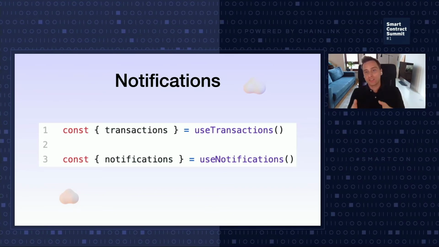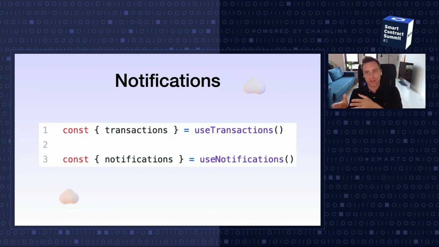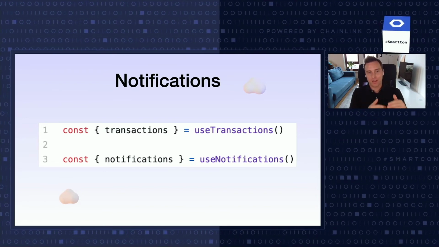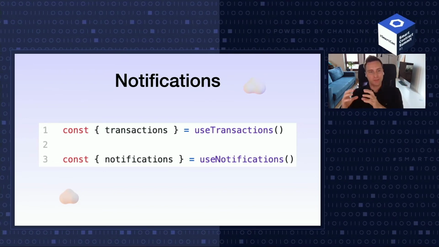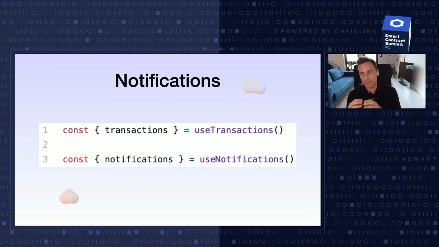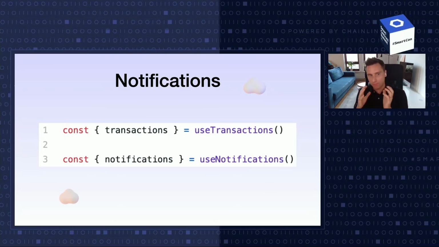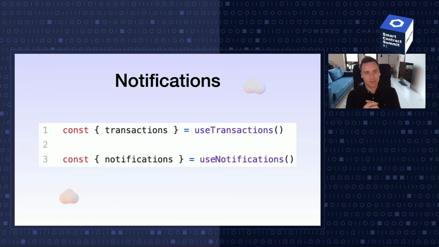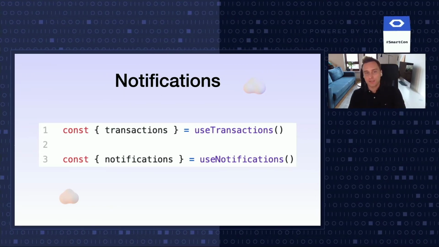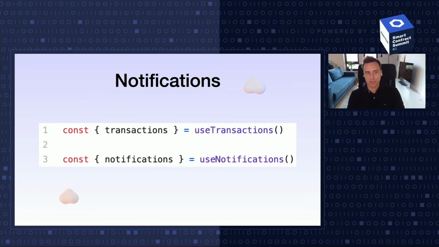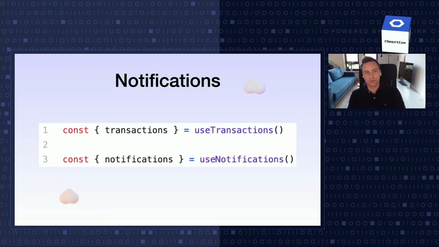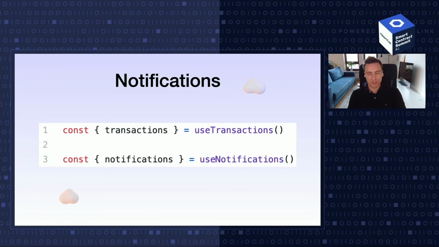So we also use this useNotifications, right? useNotifications is a hook that returns an array of notifications. Notifications are the things that you usually display in the top right corner, top left, or whichever corner, that give you information about what just happened, especially about transactions changing states, and also switching accounts or switching networks.